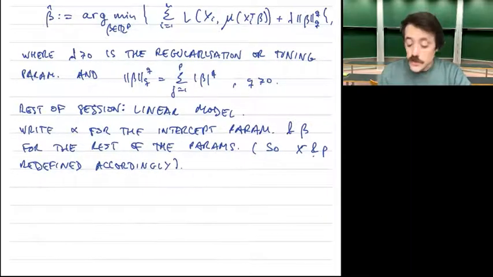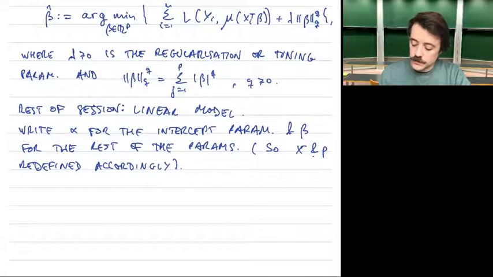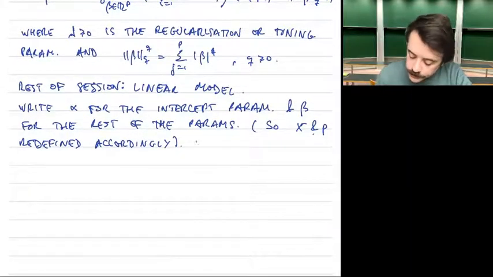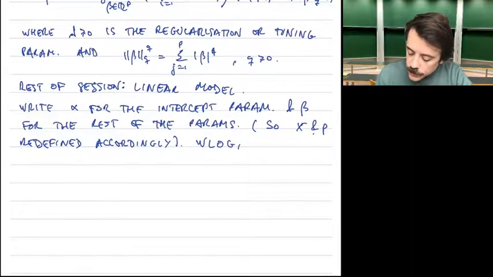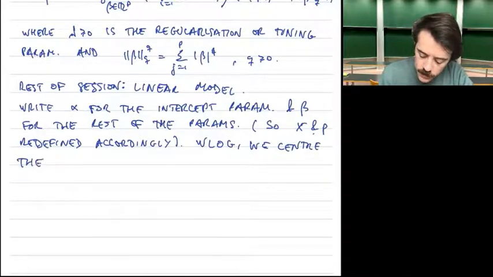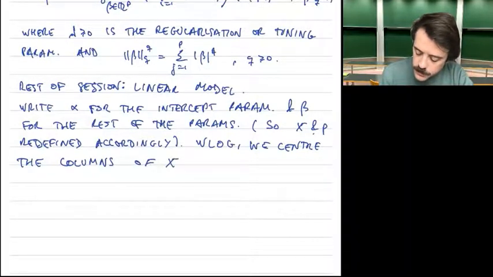So two things that we do want to have on the capital X are the following. Without loss of generality, we center the columns of X. What does this mean?